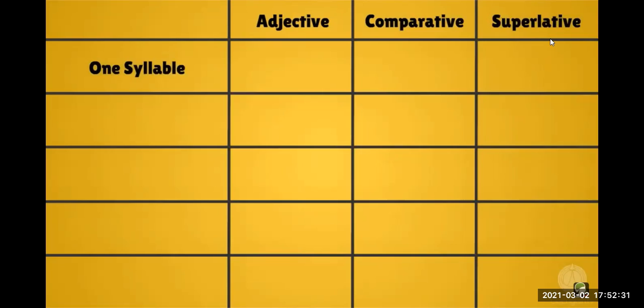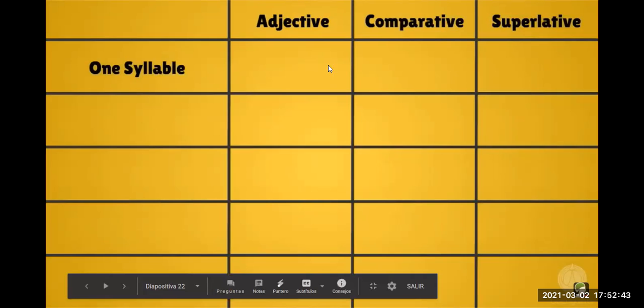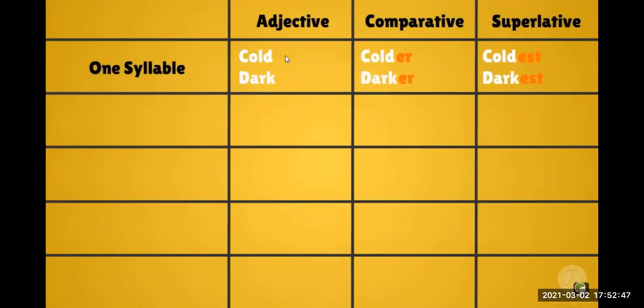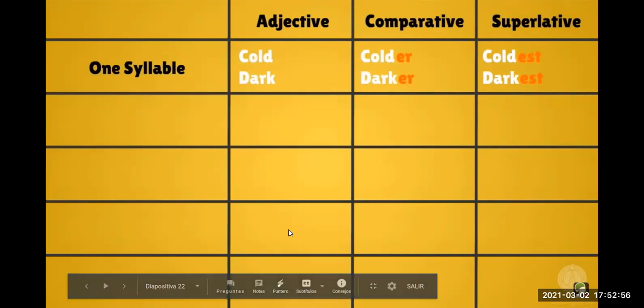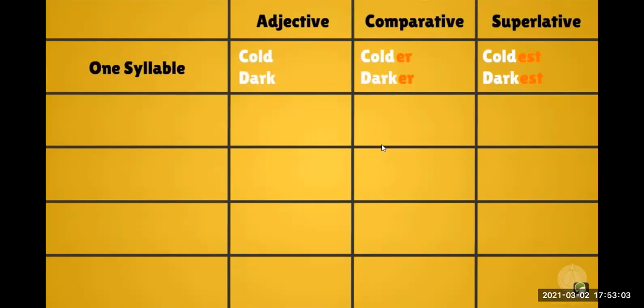Yes, at the end of the adjective, we add ER. And what about the superlative form? EST. Yes, we add EST. Good. So here we have an example. Cold, colder, coldest. Dark, darker, darkest, right? So when the adjective is short, we add ER for the comparative and EST for the superlative.